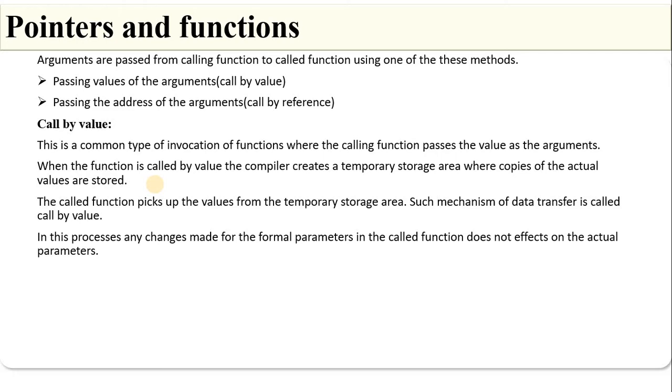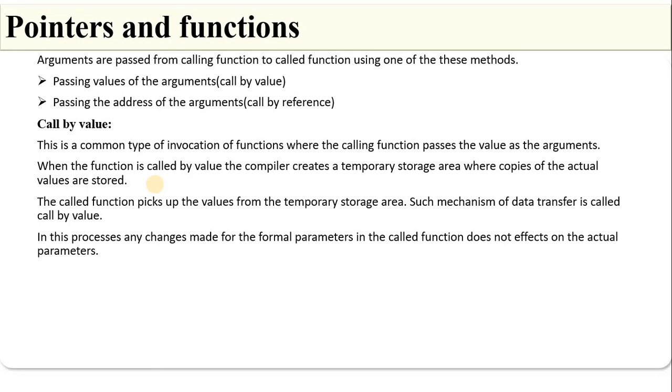Then the called function picks up the values from that temporary storage area, then assigns them to the formal parameters. So the actual parameters' values are copied and stored in some temporary location, and from there they are taken and put into the formal parameters.